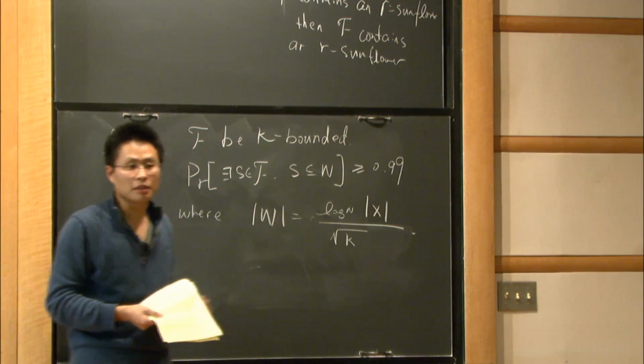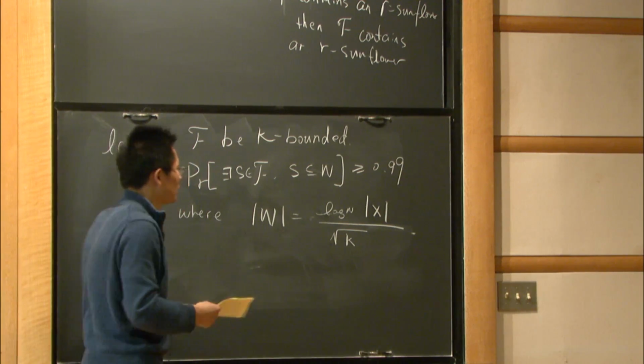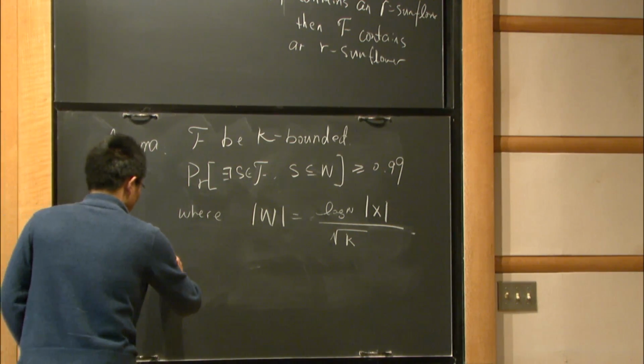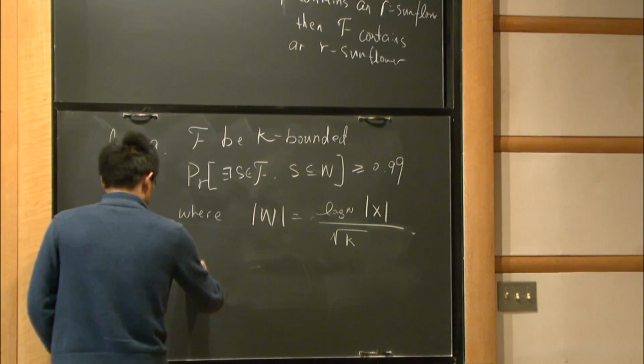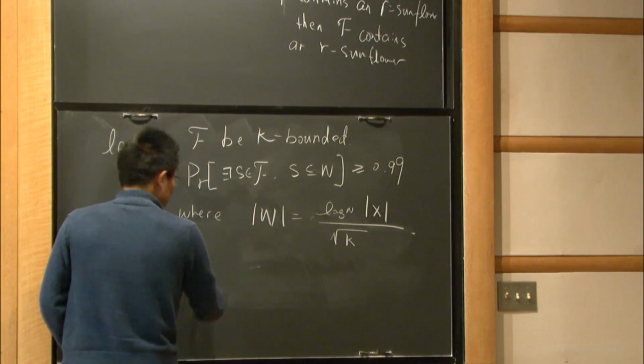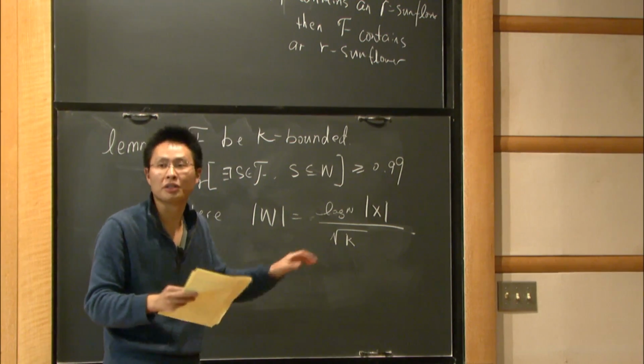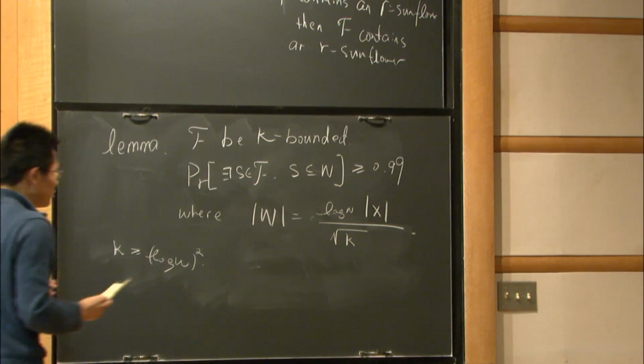So we have log W here. As long as kappa is much larger than log W, say kappa is larger than log W squared times 100, then we can get a non-trivial bound. Actually we can improve this square root to something very close to 1, just by calculation.